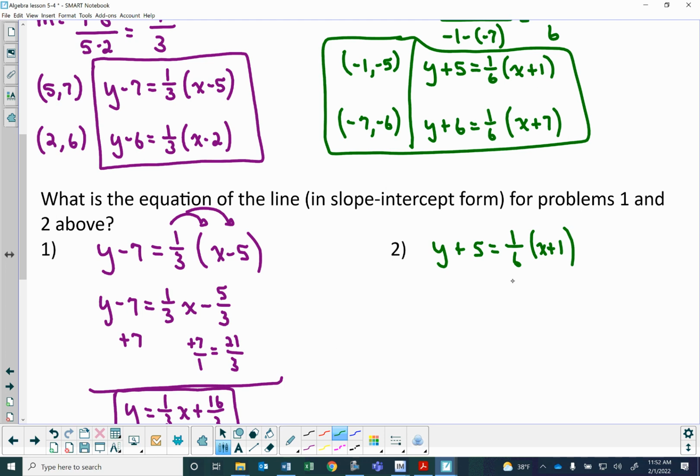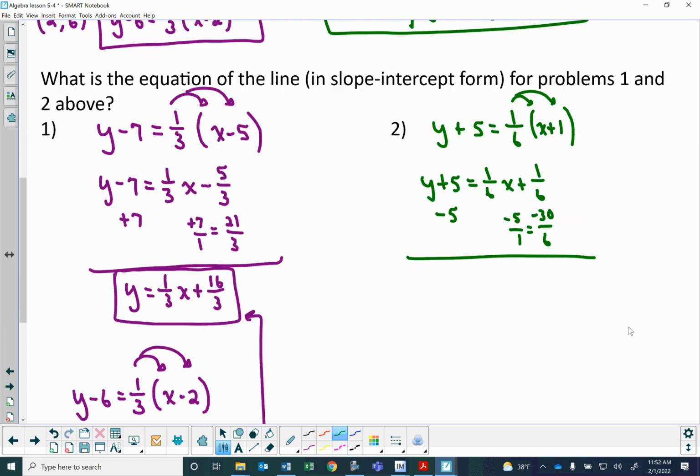And I'm going to get this into slope-intercept form by distributing my 1/6. So y plus 5 equals 1/6 x plus 1/6. Subtract 5. Subtract 5 over 1, which is the same thing as saying 1 times 6 is 6, and 5 times 6 is 30, -30 over 6.